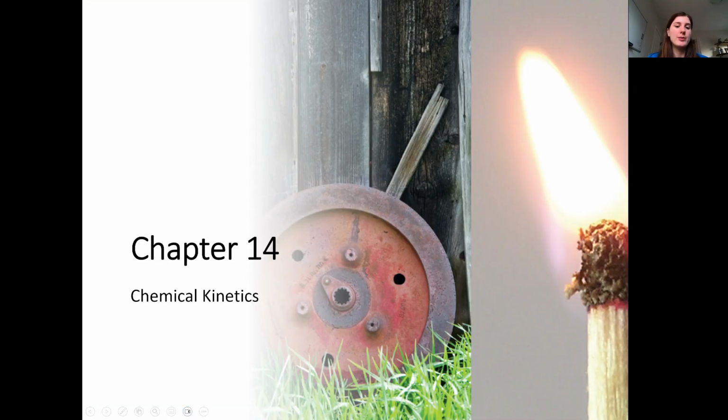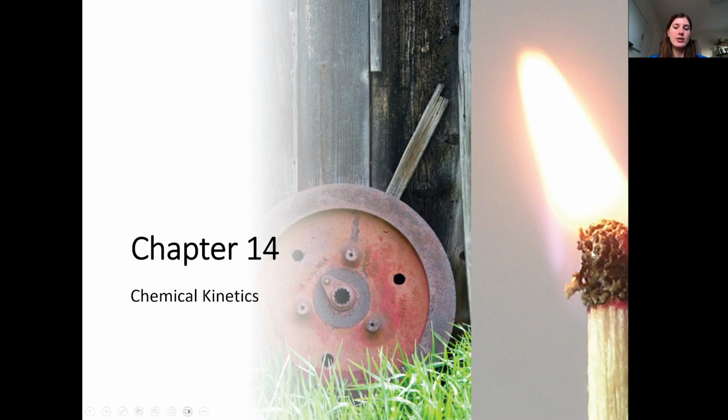But on this first page, let me describe this first. There are two images. One is of a match that's burning, and one is a piece of iron that is starting to rust. So these are both chemical reactions. Rusting is a chemical reaction where iron and oxygen react together and form iron oxide. And lighting a match is a chemical reaction.